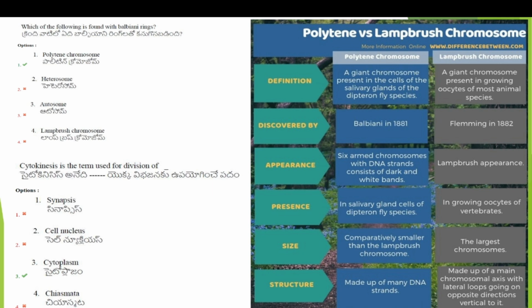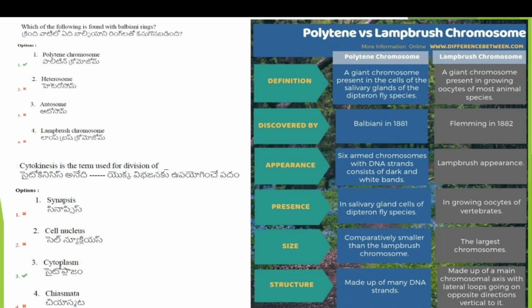In prophase 1, homologous chromosomes come into contact and form homologous pairing. When this pairing takes place, the chromosomes attach to each other. This process is known as synapsis.